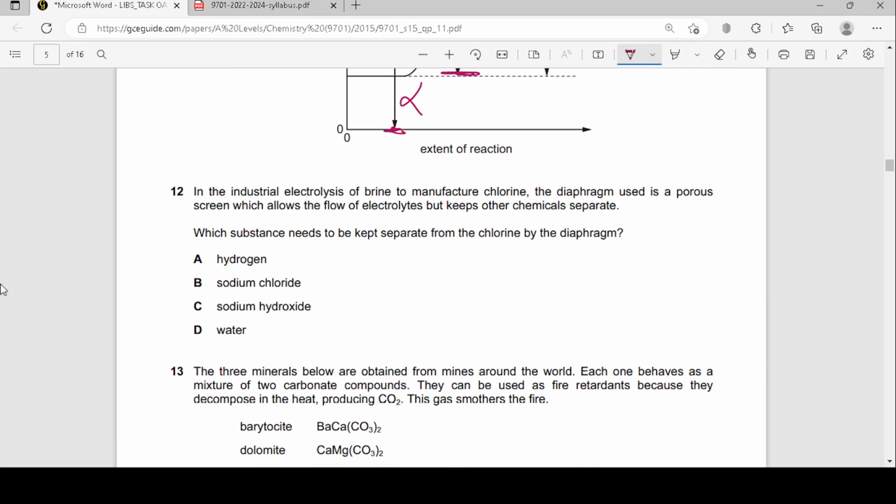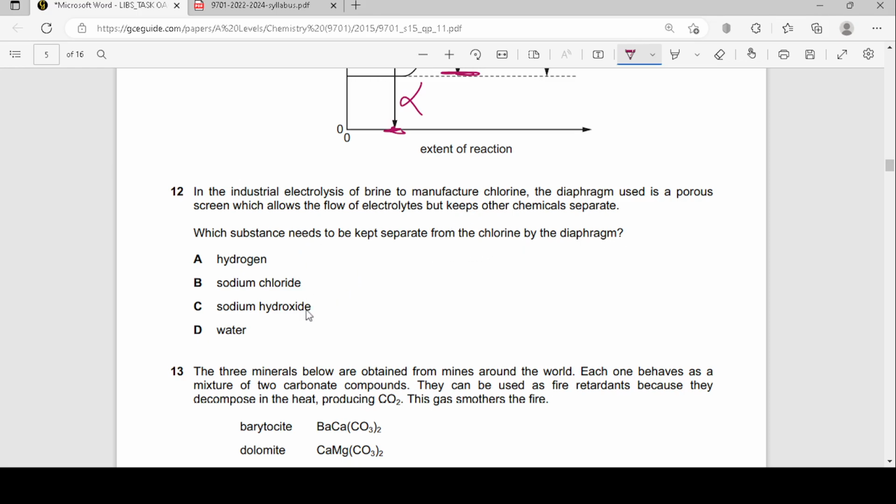Okay. In the industrial electrolysis of brine to manufacture chlorine, the diaphragm used is a porous screen which allows the flow of electrolytes but keeps other chemicals separate. Which substance needs to be kept separate from the chlorine by the diaphragm?